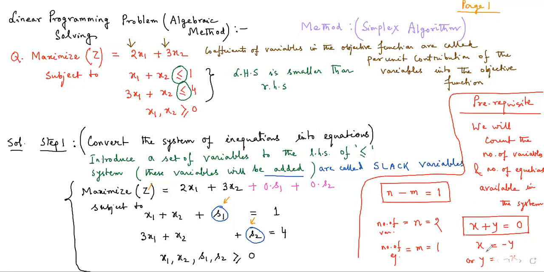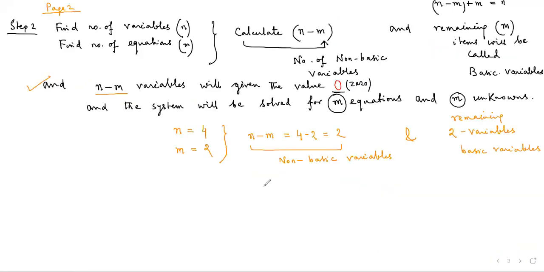So the basic rule, the convention, is that you start with x1 as 0 and x2 as 0, as the non-basic variables.